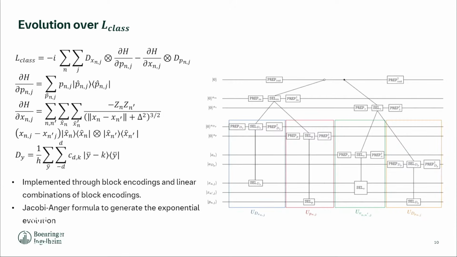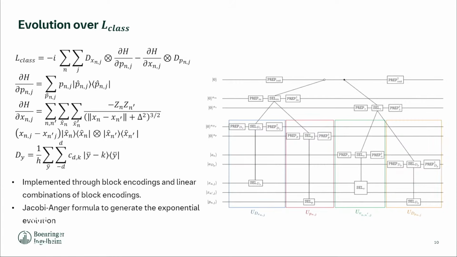And you also need to account for the differentials, and these we implement, again, by finite difference formula. And you just carefully implement this block encoding, this block encoding, this block encoding, and this block encoding, and then you combine them again. So it's basically a lot of LCUs in LCUs.